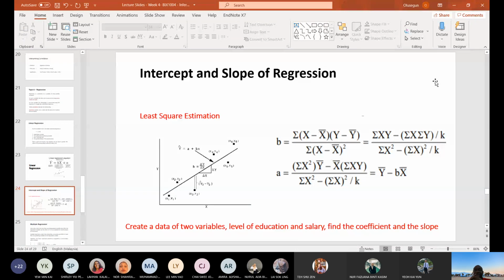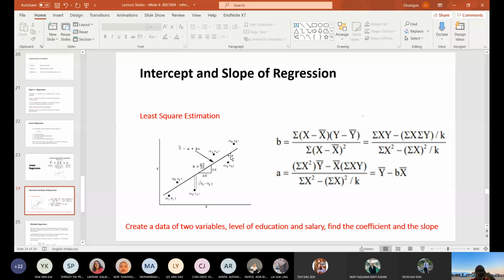So, to calculate the intercept and slope of regression, this is the formula. From this diagram, we can see change in y and change in x, which gives the slope. The slope b is calculated from change in y over change in x. So if there's a change in x, what will be the change in y?